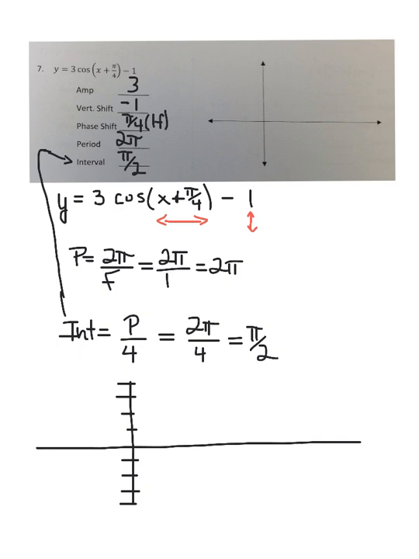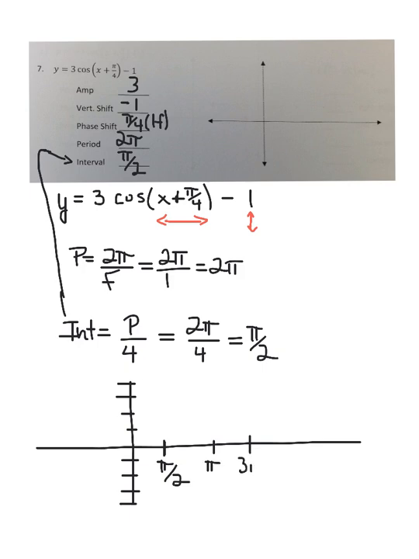Okay, now this is what I'm talking about when I talk about the interval being pi over 2. Remember how we would put like little slashy things on our x-axis, and a lot of times we called it pi over 2, then pi, then 3 pi over 2, then 2 pi. Okay, that's not always going to be the case. So this is telling you what they want your interval to go in increments of. So in this particular case, everything will stay the same as what you're used to. So they're saying the interval is pi over 2. What that means is count by intervals. Remember, pi over 2 is 90. So pi over 2, then another 90 degrees would be 180, right, which is pi.